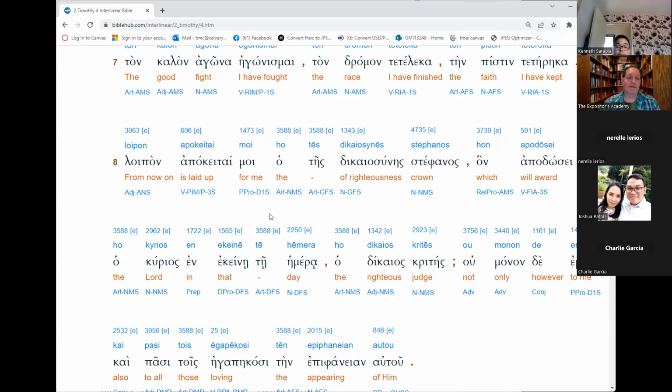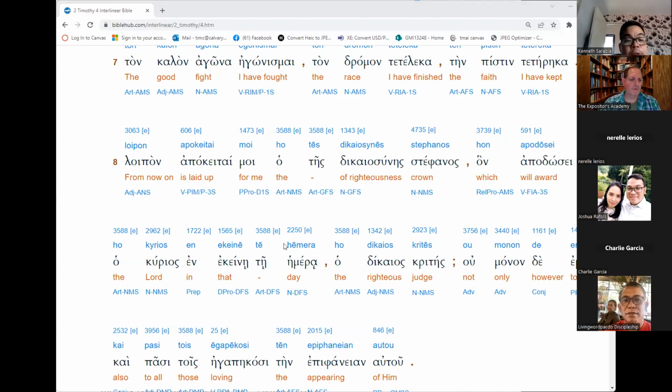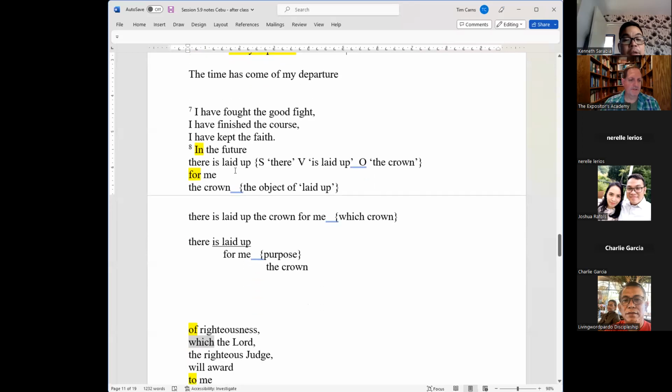So that's something helpful to take note of in our notes. Let's go back to our notes here. So we need to change this. The subject actually is the crown. There is no object here. Okay? You follow that?